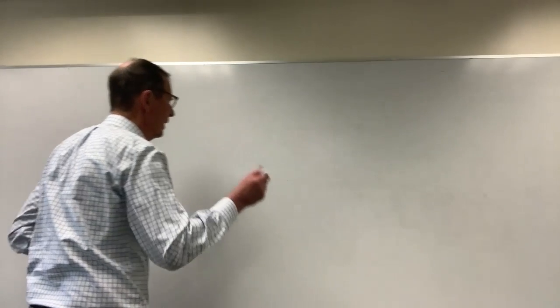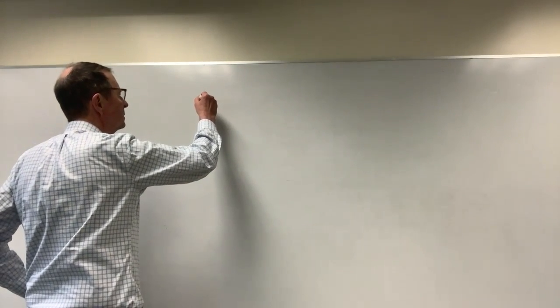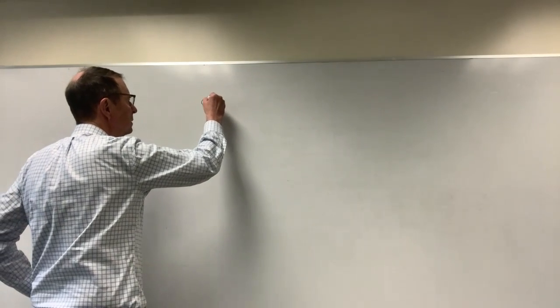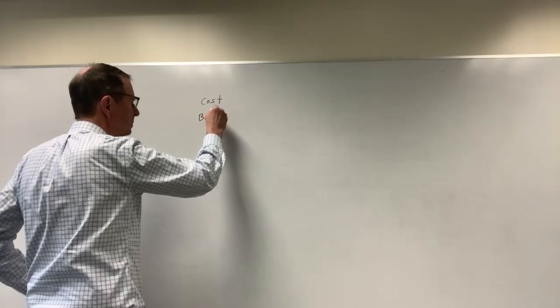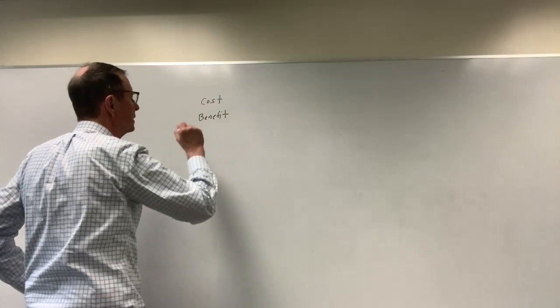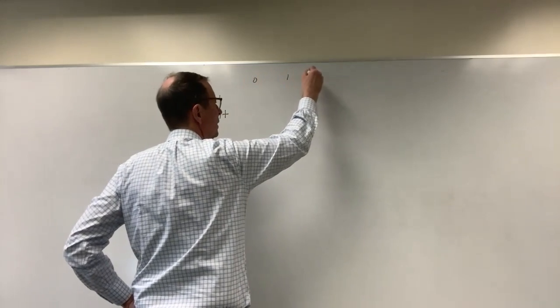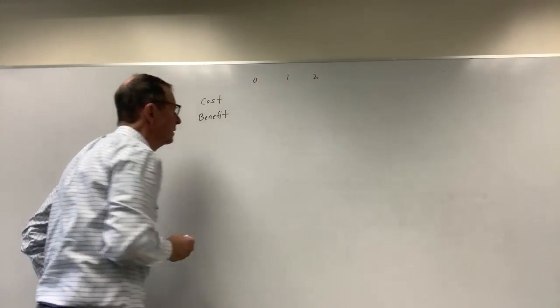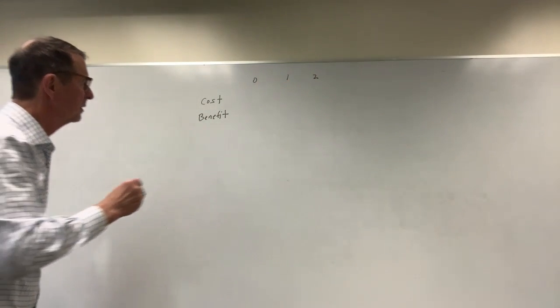So let's suppose we've got some investment stream. Period 0, period 1, period 2, we just have a 3-period investment horizon here.